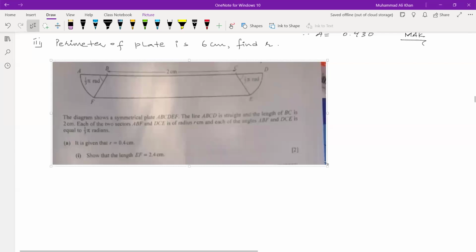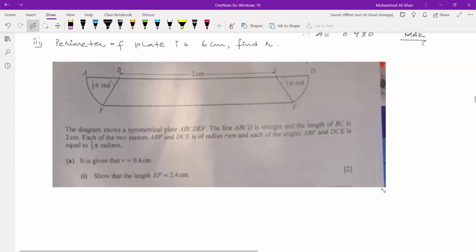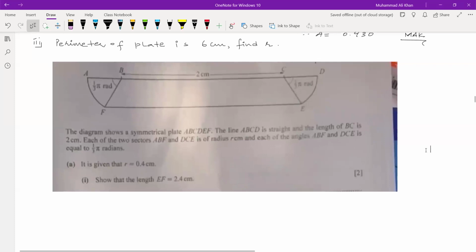For this, we have to work again on the diagram, and the diagram is here. The angle is the same, pi by 3, but here the radius is R. The arc length is R theta, and theta is pi by 3. So pi R by 3, this one, and this one is also R theta, pi R over 3.